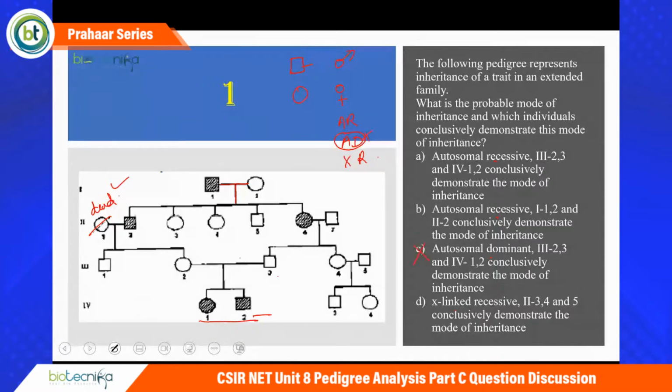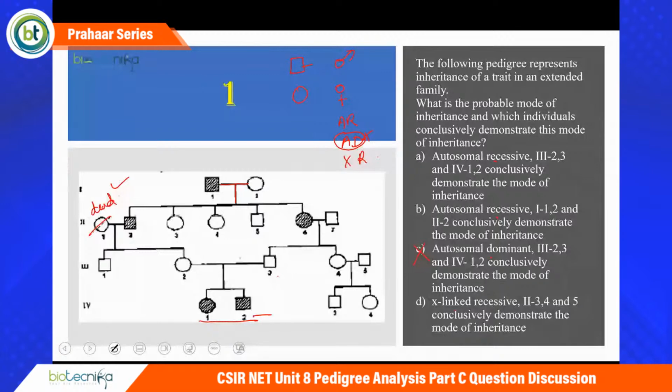How about X-linked recessive? X-linked alleles will show a particular inheritance pattern. What is that inheritance pattern? We call it the crisscross pattern of inheritance, right? The males will get their X chromosome only from their mother.